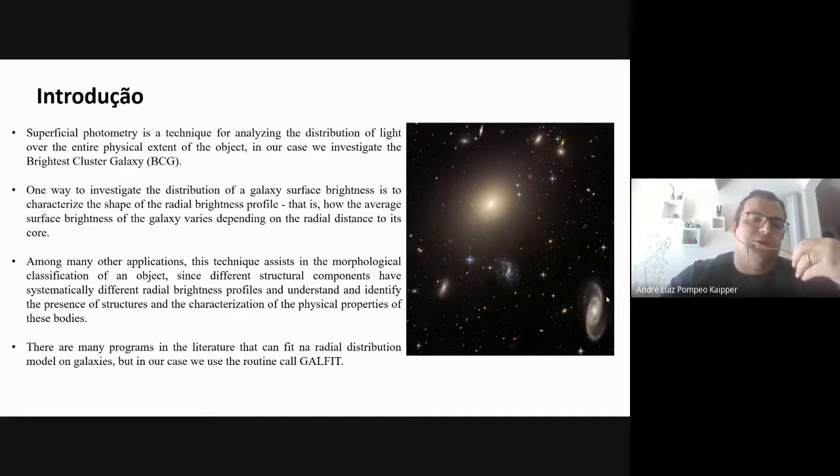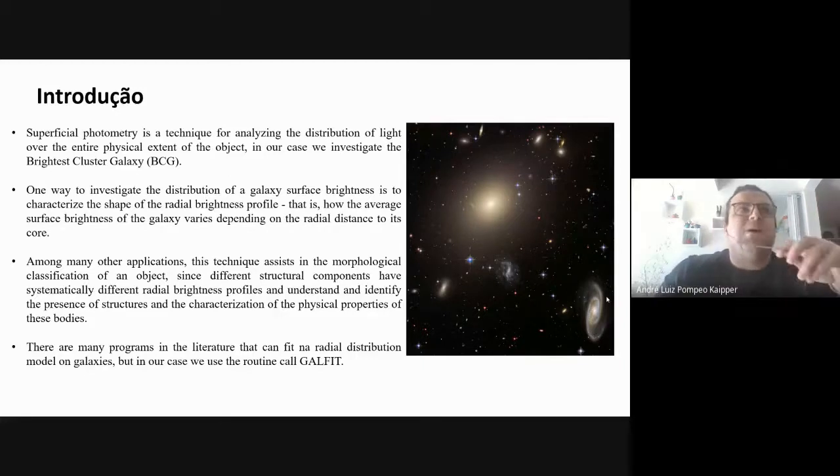Among many other applications, this technique assists in the morphological classification of the object, since different structure components have systematically different radial brightness profiles. It also helps in understanding and identifying the presence of structures and the characterization of the physical properties of these bodies.